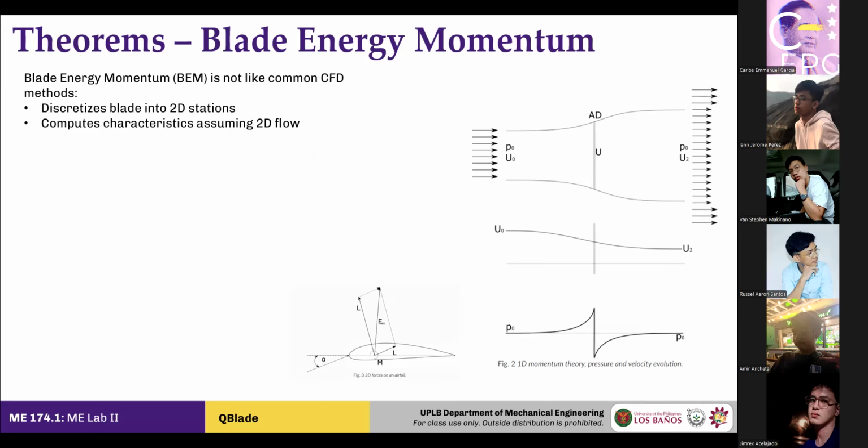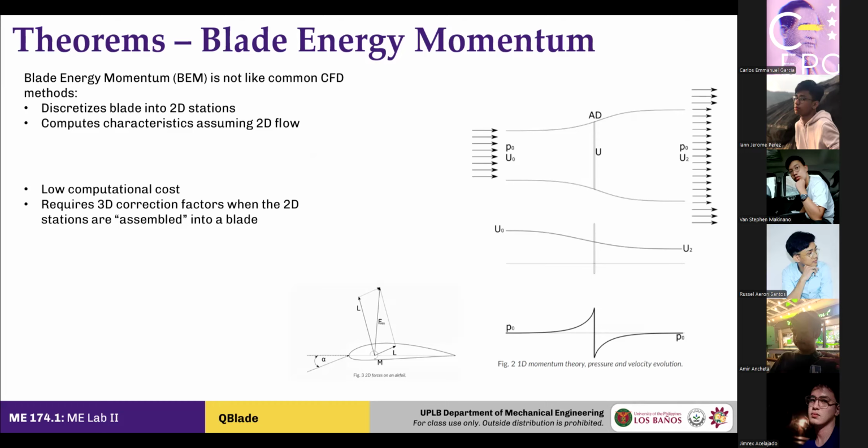Which is, well, if naalala niyo pa yung from 171, technically hindi yun yung totoo, pero may mga corrections kang pwedeng gawin as you assemble the blade back together in your model. Pero yeah, yun yung reason kung ba't magaan yung blade energy momentum sa ating computer. It just computes the 2D flow across a 2D airfoil, essentially. So, ang maganda din is sobrang baba ng computational cost. Like, you can run this on a kahit below 8 gig RAM na computer and you'll still be able to get a high fidelity result.